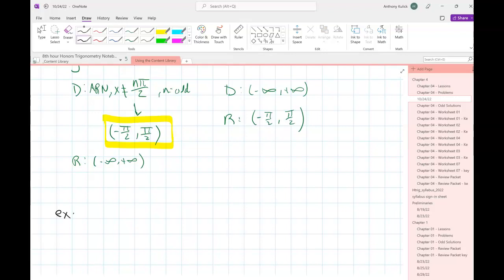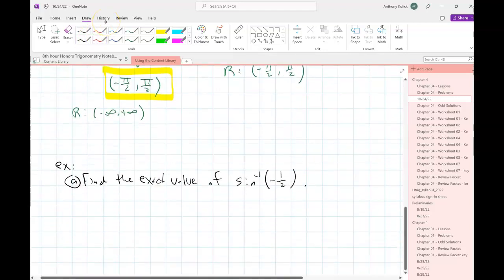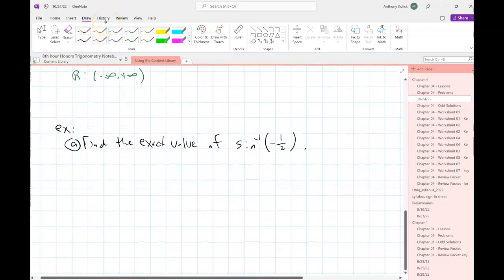So let's do some examples. Let's say we want to find the exact value of sine inverse of negative 1/2.